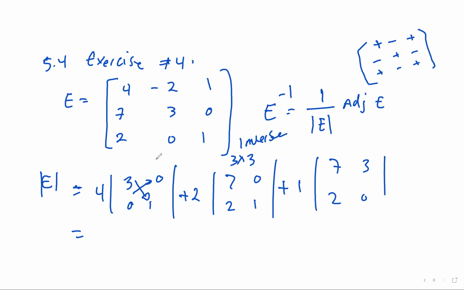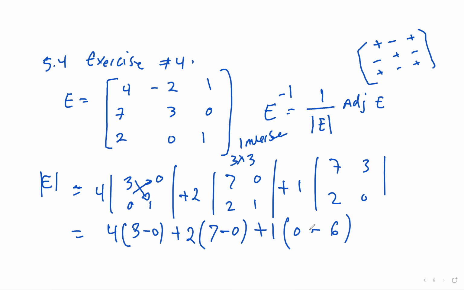Again, multiplying like this, what we get is 3 times 1 is 3, minus 0, because 0 times 0 is 0. Then you have plus 2, and then you have 7 times 0, because 2 times 0 is 0, and then plus 1, and then 7 times 0 is 0, minus 2 times 3 is 6.